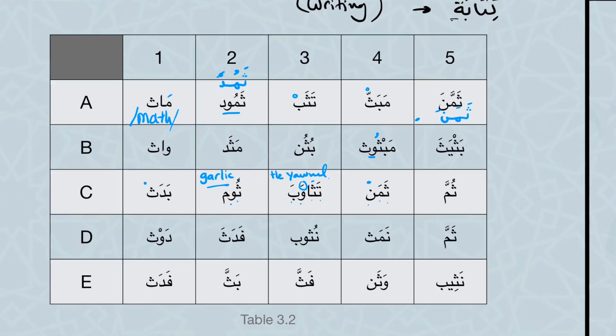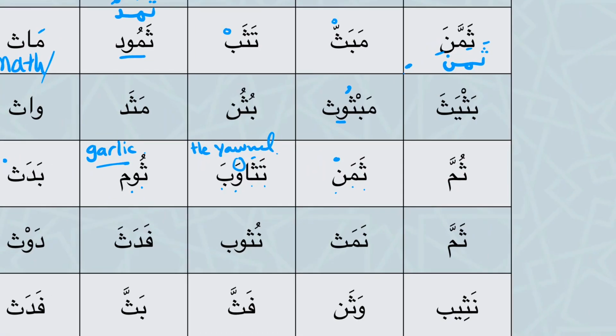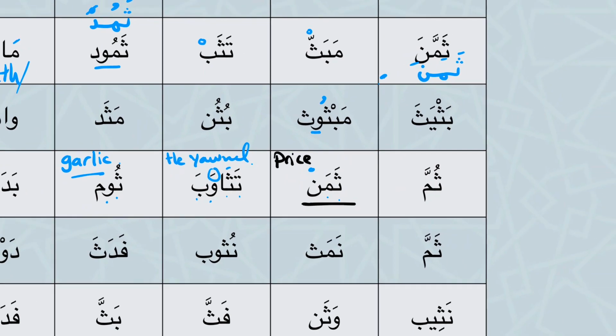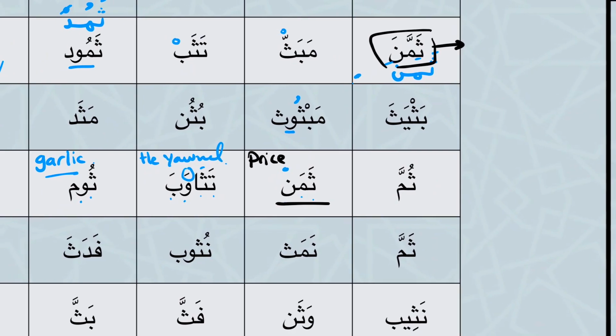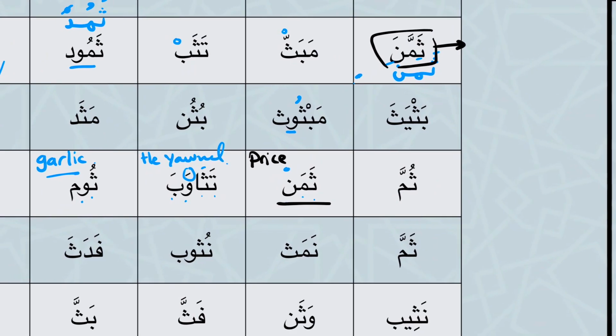Same thing here. The word thaman means value or price. But if we look at this one here, this becomes a verb. The verb thammana means to estimate a value, or to estimate the price of something.